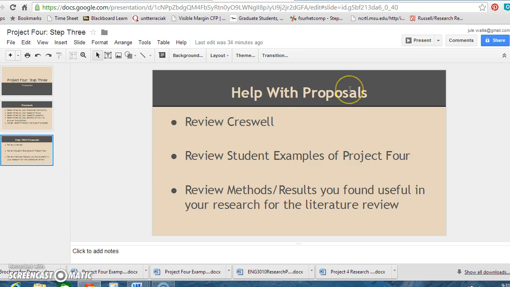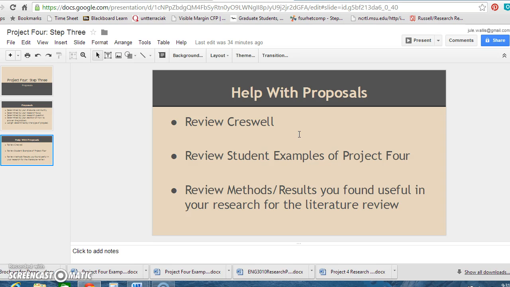Therefore, considering what type of proposal you will decide upon, you will want to review Creswell and his discussion of the methods for research in that field. That will be very highly influential in what you decide to use as your proposal.